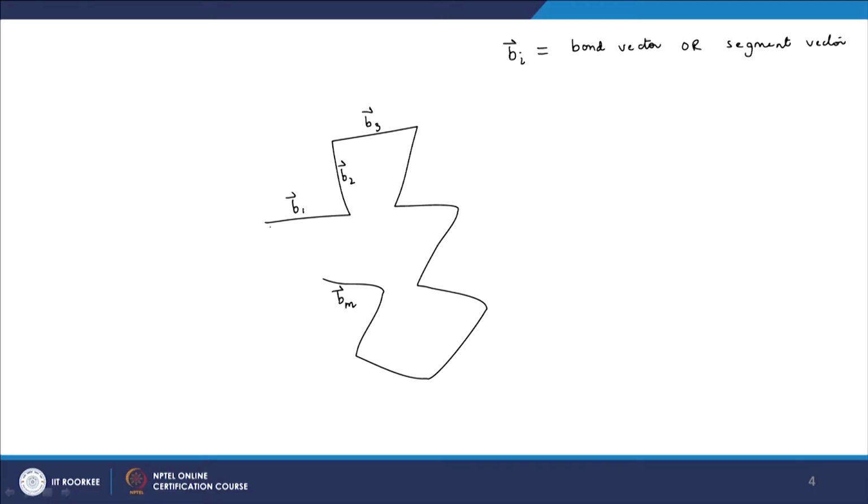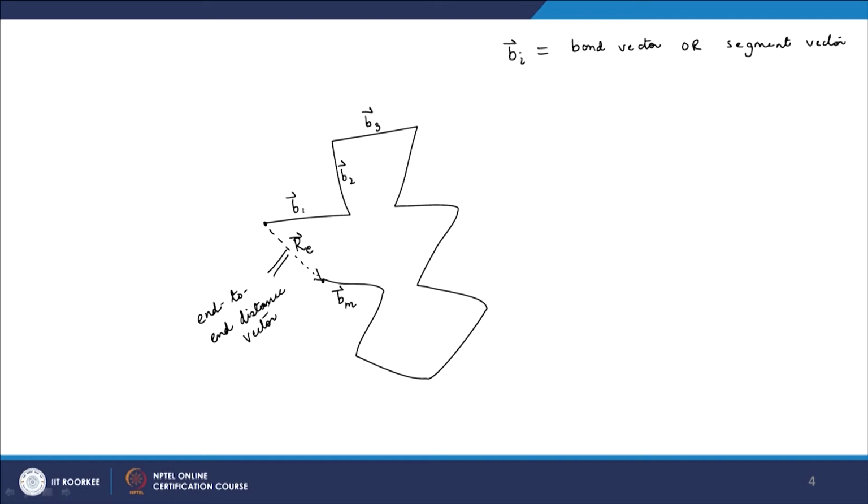Okay. And so if I follow this, if I start from here to there, then this becomes my end to end distance vector, and this becomes my bond vectors. Okay.